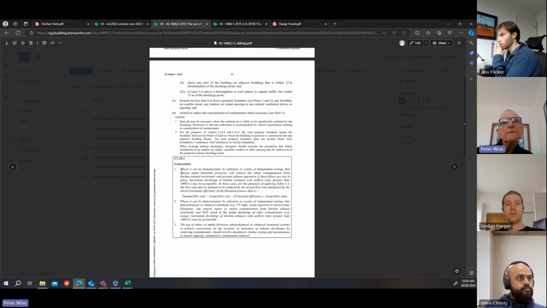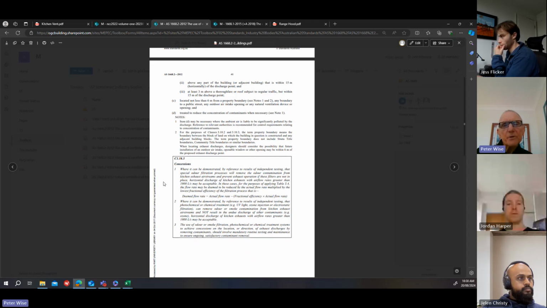So if we just read through this one, number 1, where it can be demonstrated by reference to results of independent testing that special odour filtration processes will remove the odour contamination from kitchen exhaust air streams and prevent exhaust operation if these filters are not in place. Horizontal discharge of kitchen exhausts with airflow rates greater than 1,000 litres a second may be acceptable.